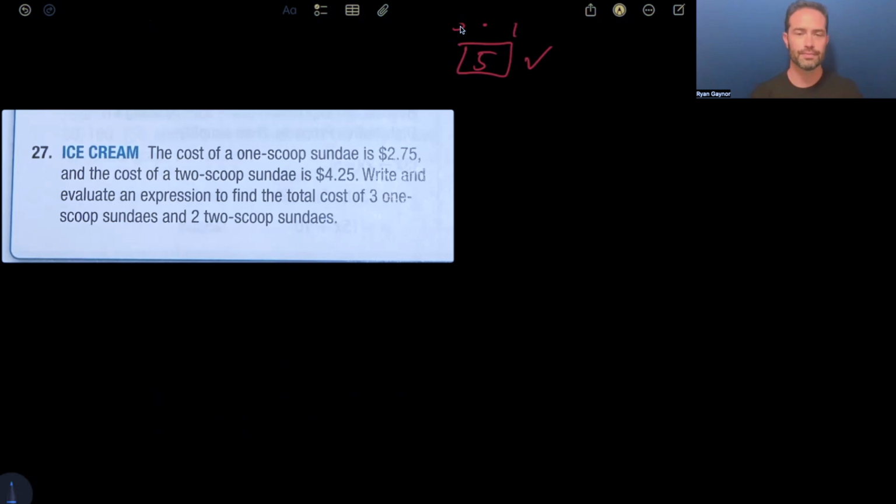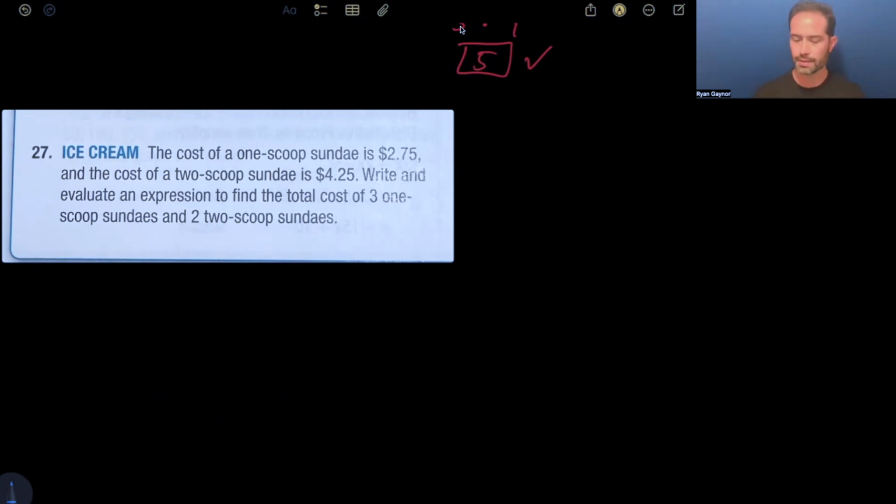We have the cost of a 1 scoop sundae is $2.75, and the cost of a 2 scoop sundae is $4.25. Write and evaluate an expression to find the total cost of 3 1-scoop sundaes and 2 2-scoop sundaes.